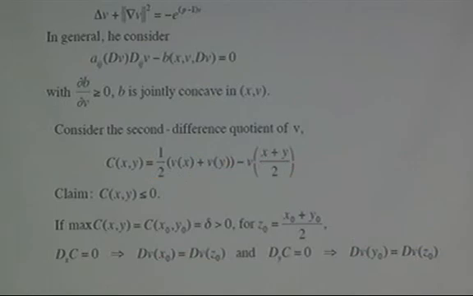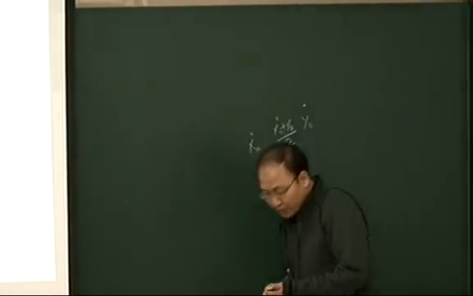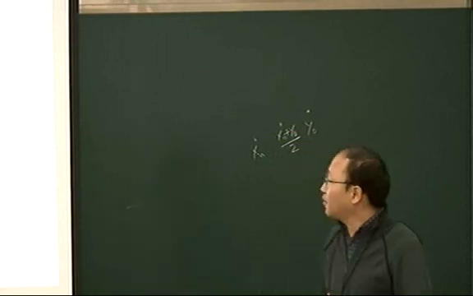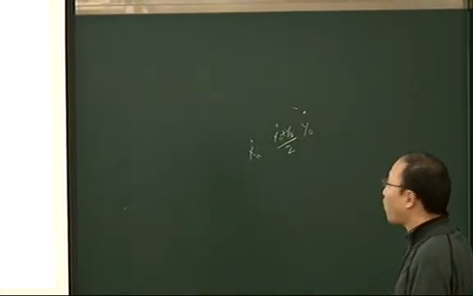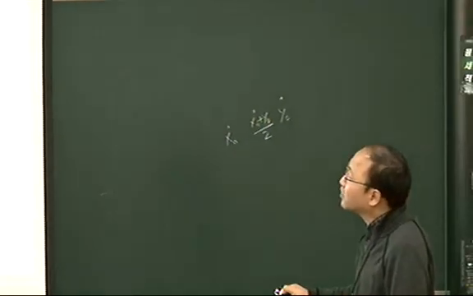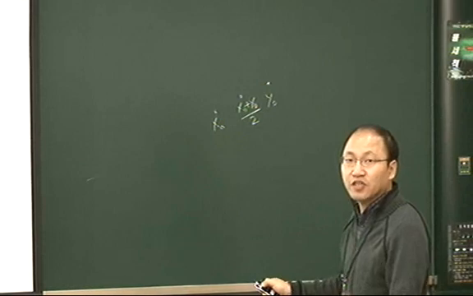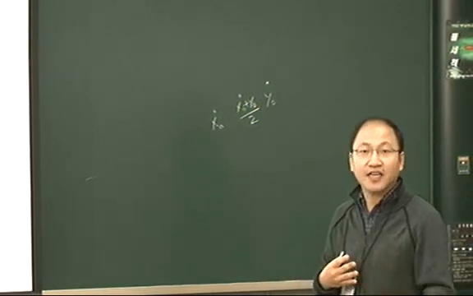So what does it mean? So you have x naught, y naught, and the middle point, x naught plus y naught over 2. And if this second differential quotient has a maximum, then the gradient at these 3 points are equal to each other. So in other words, the diffusion coefficient will be equal to each other. So you can add them and subtract them freely.